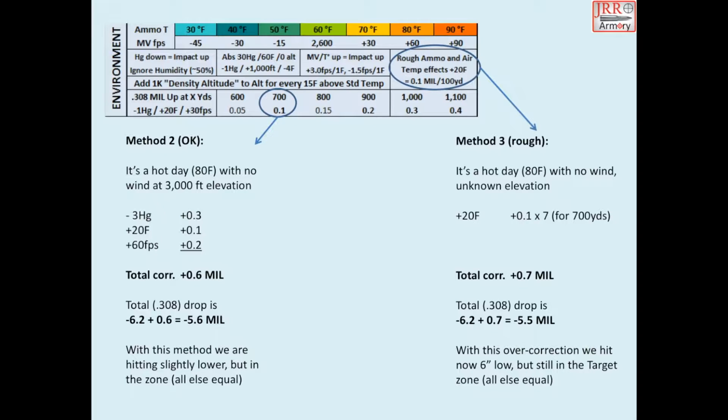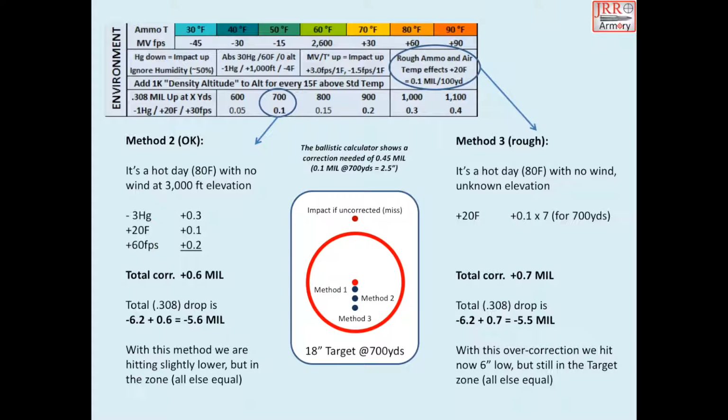The third method, which is pretty rough, says that for every 20 degrees Fahrenheit, we will correct 0.1 for 100 yards. So 0.1 times 7 gives us a correction of 0.7 mils. So we would have to dial minus 5.5 mils, so it's still lower, but still in the target zone.